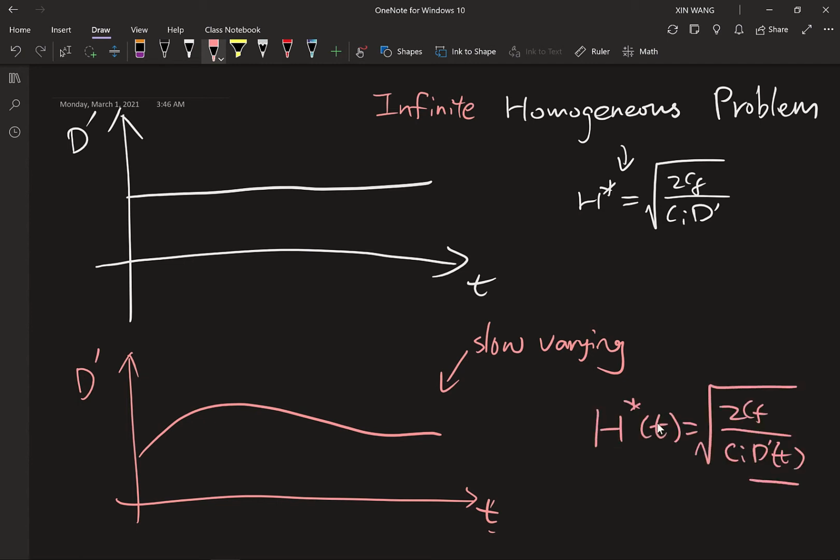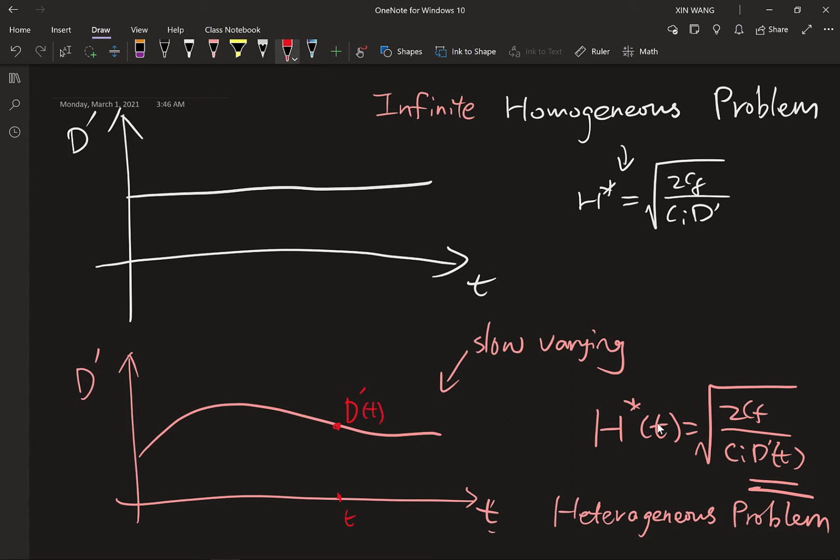So for a specific time nearby, we approximate this time-varying problem, or heterogeneous problem, by a piecewise homogeneous problem, assuming the parameters at time t, for example the demand rate at time t, are fixed.